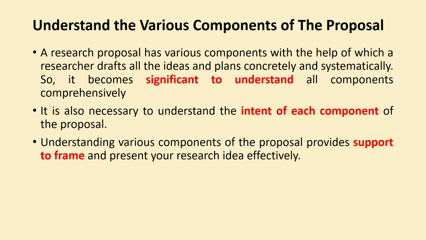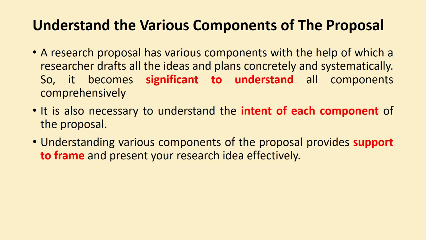This is very interesting to understand as a learner: if you are trying to articulate and make various components systematically, you have to understand what each component is and what it requires. For example, you need to make a rationale of the study. So you have to understand what the rationale of the study actually is, how it is made, and what the benefits of having a good rationale are. Next, it is also necessary to understand the intent of each component of the proposal.